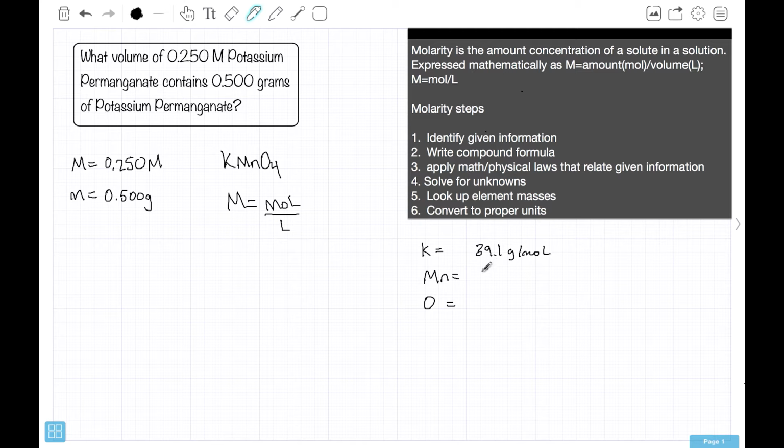We have 54.9 grams per mole. And we have 16.0 grams per mole. But according to our compound formula, there's 4 oxygens, so we'll multiply that by 4 and rewrite all our totals here. So we end up with 64 grams per mole, and everything else stayed the same.